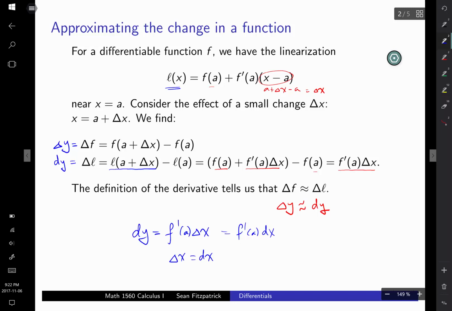We use d for linear changes. x is a linear function of itself, and so dx and delta x basically mean the same thing because the function y equals x is already linear. That's essentially the idea here. So this is an example of what's called a differential.